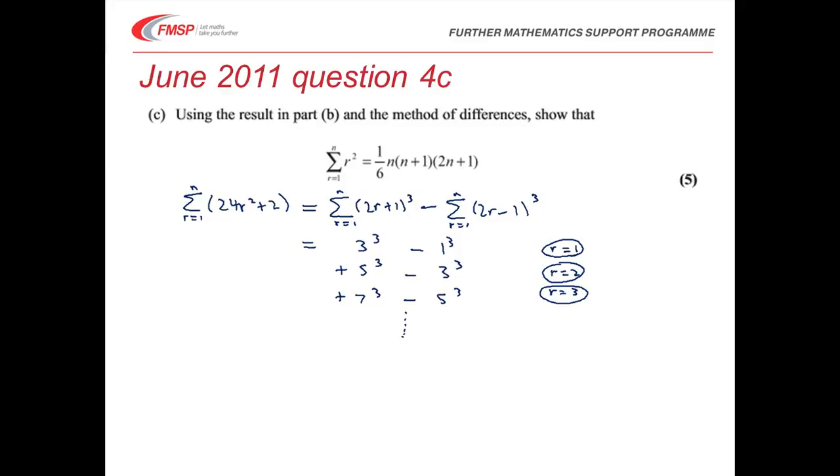And if we look at the last 2 or 3 terms, I'm going to get a plus (2n minus 3) cubed minus (2n minus 5) cubed. So that happens when r equals n minus 2.